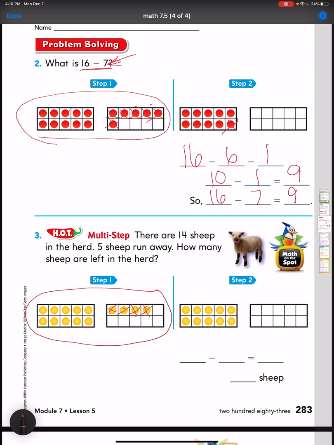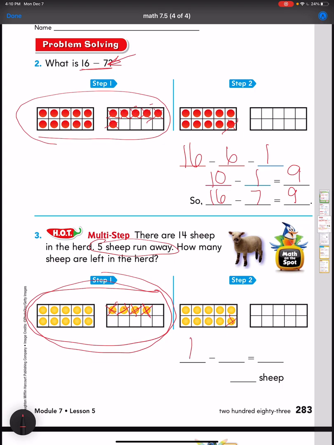So there are 14 sheep in a herd, 5 sheep run away. How many sheep are left in a herd? So what I was saying was we had 14 sheep here. 5 sheep ran away. Okay, so I'm going to take away 4 so I can get to this 10, and then I'm going to take away 1 more because remember, I'm really subtracting 5 sheep.